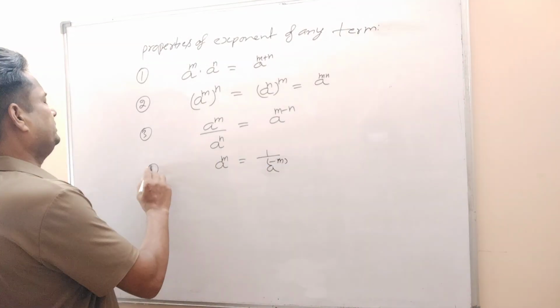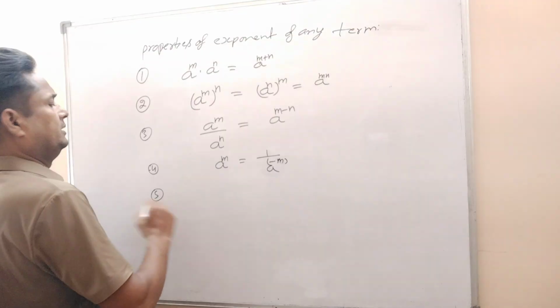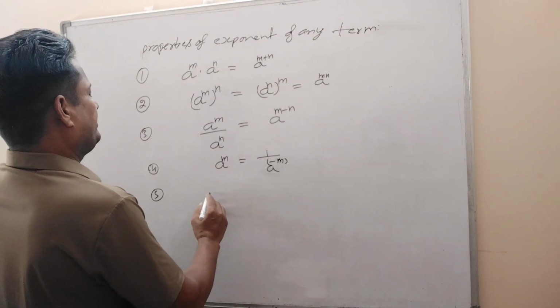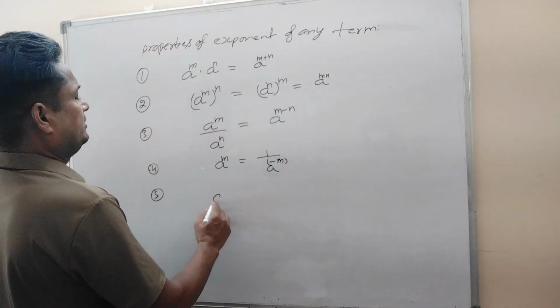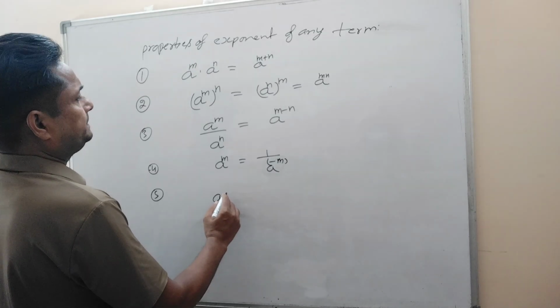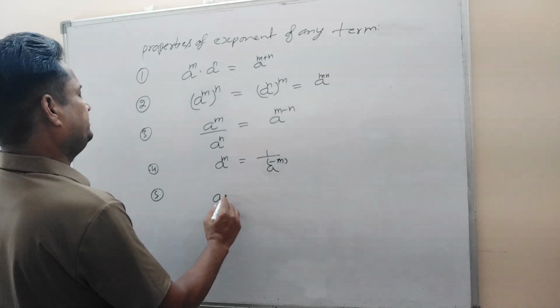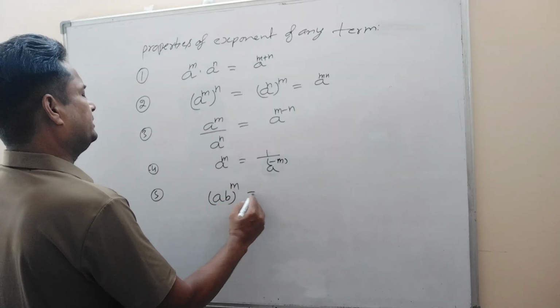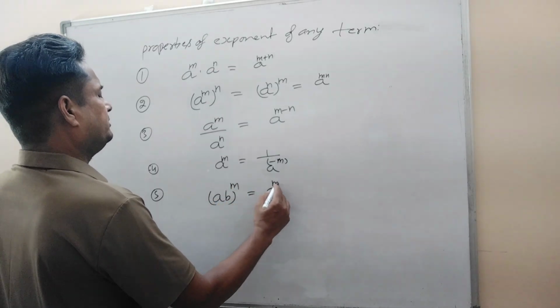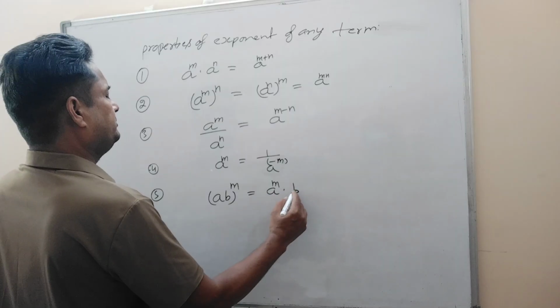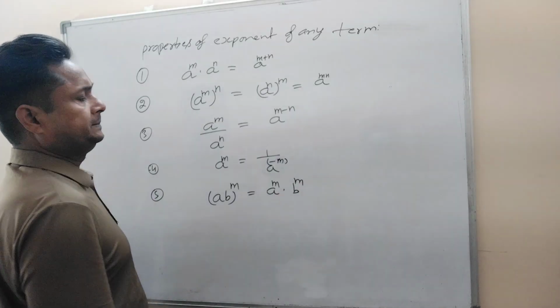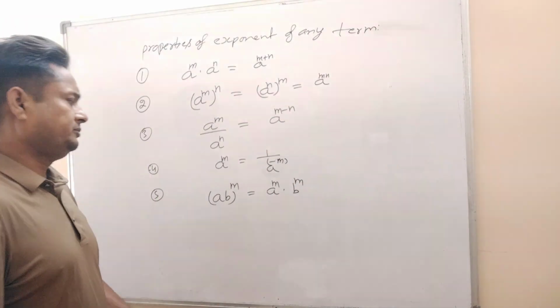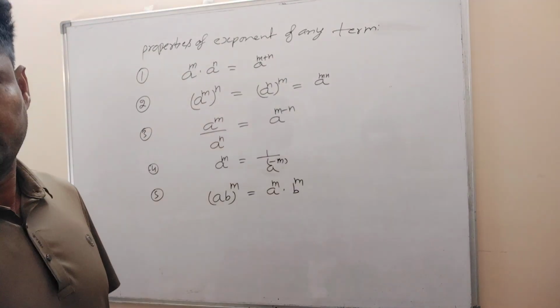Now the next property is a into b to the power m can be written as a to the power m into b to the power m. These are the same terms.